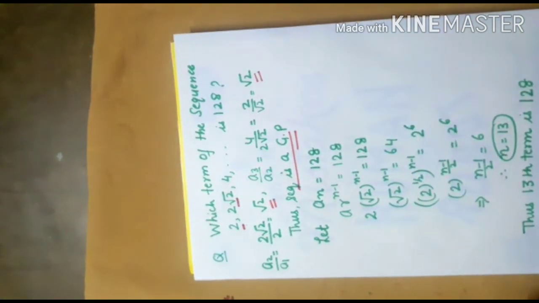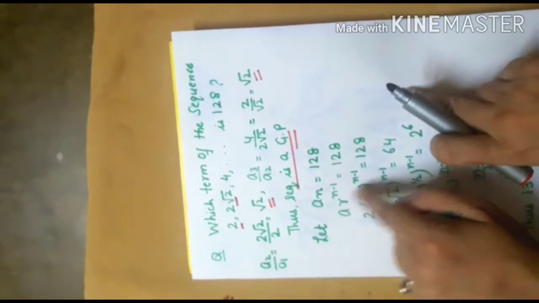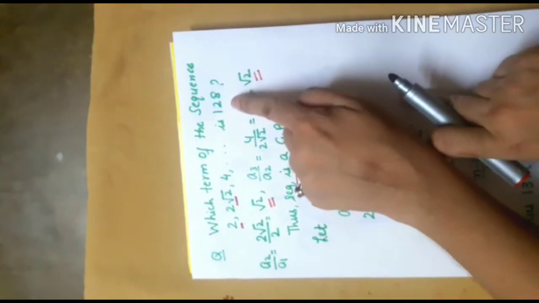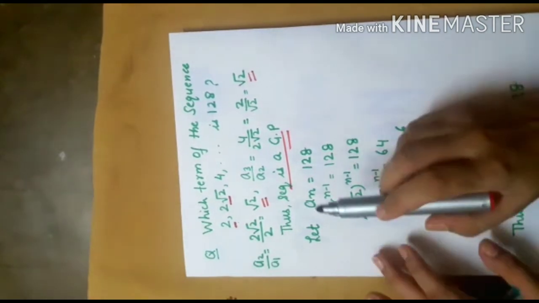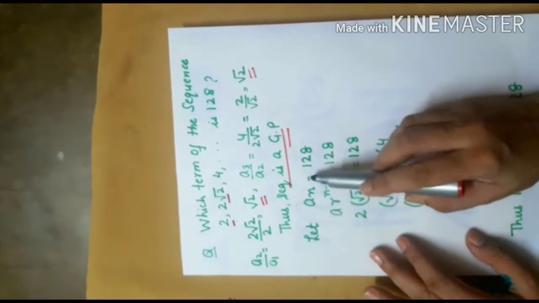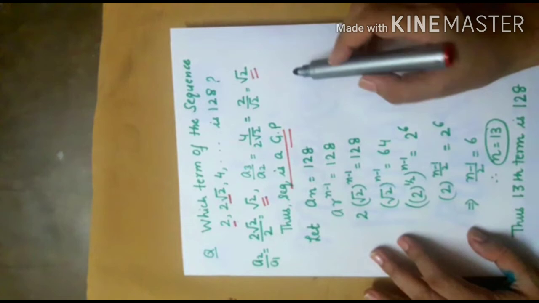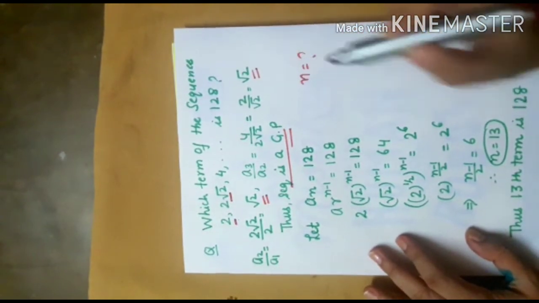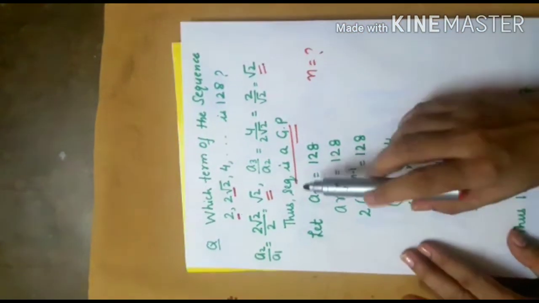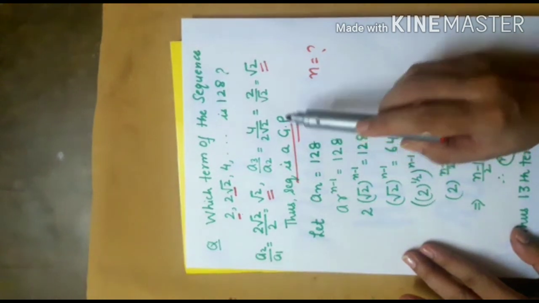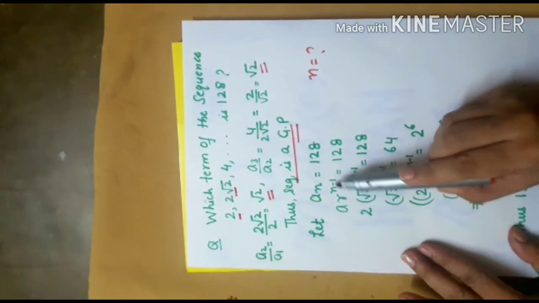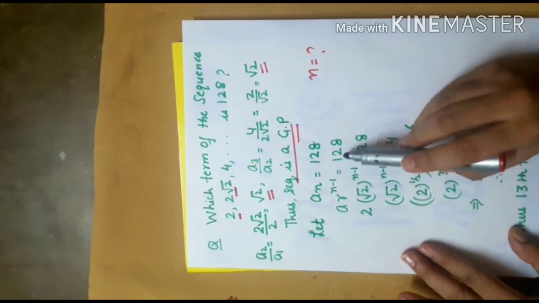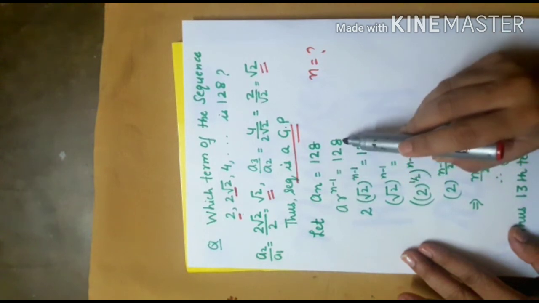So that means we have to find which term of this GP is 128. Yes, let the nth term be equal to 128. So we need to find the value of n. Now, as the sequence is a GP, the nth term will be given by a into r raised to the power n minus 1, and this equals 128.